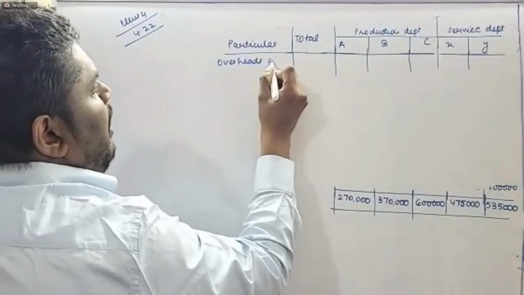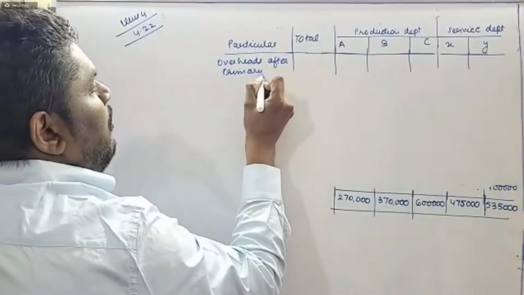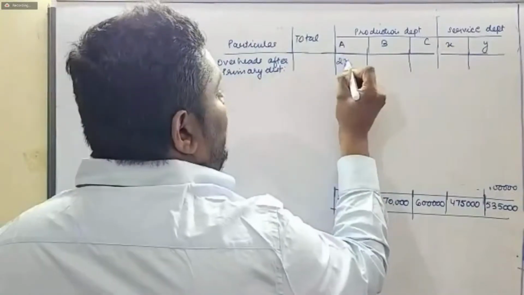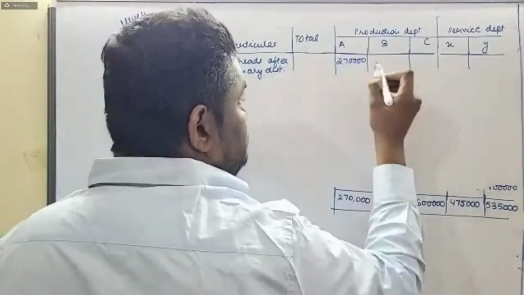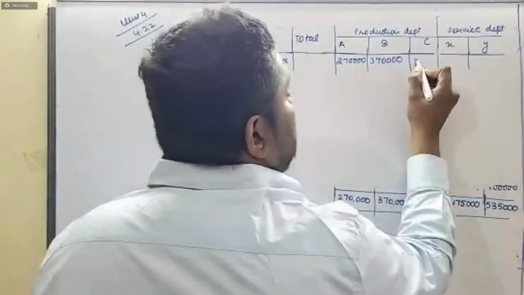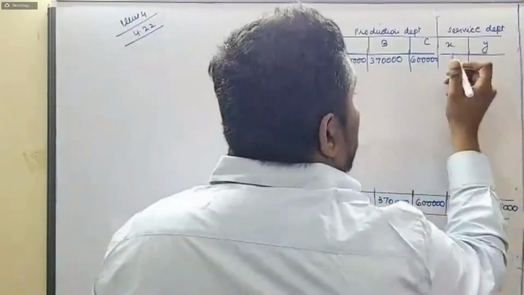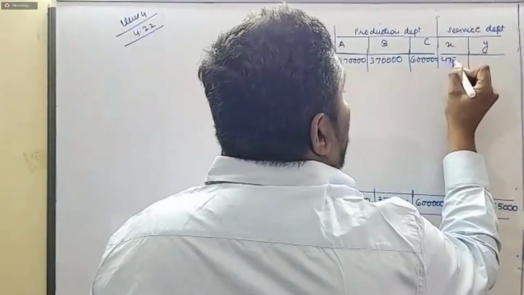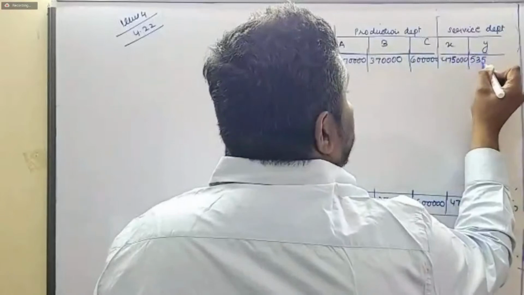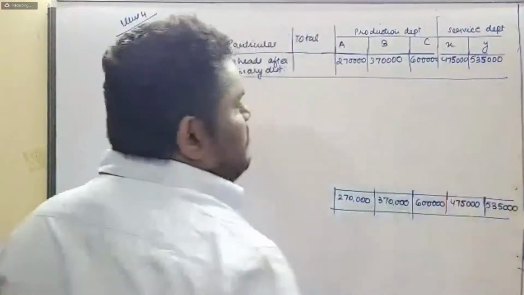Overheads after primary distribution: 2,70,000, 3,70,000, 6 lakh, 4,75,000, and 5,35,000. So after primary distribution, we have got these figures.